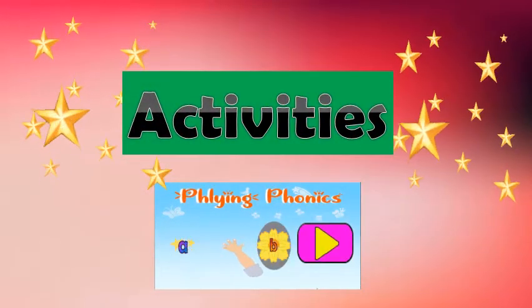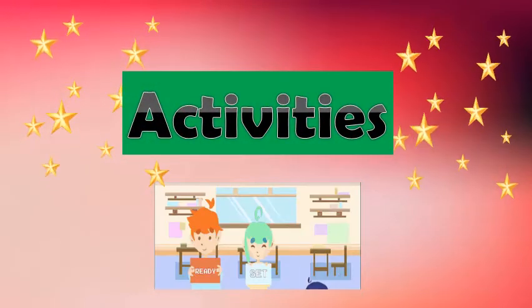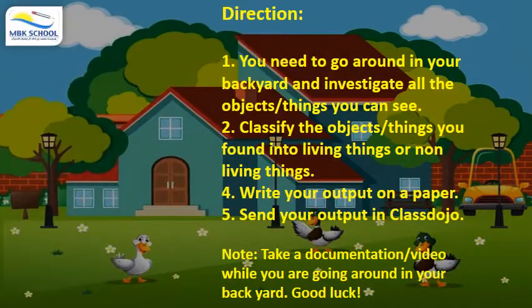So it's activity time. The activity is very simple and I made it fun for you. The direction is we just need to go around in your backyard and investigate all the objects and things you can see. Then you need to classify the objects or things you found into living things or non-living things.